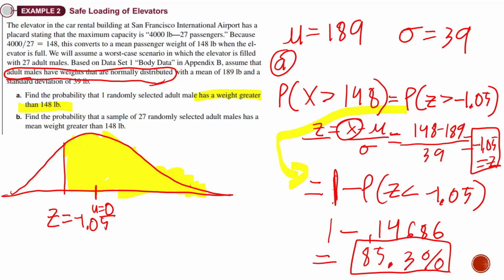So we want to find the probability that the mean weight of 27 people will be greater than 148. Remember, when you do a sample distribution, does it get narrower or wider than the original? Narrower, because the standard deviation decreases, correct?